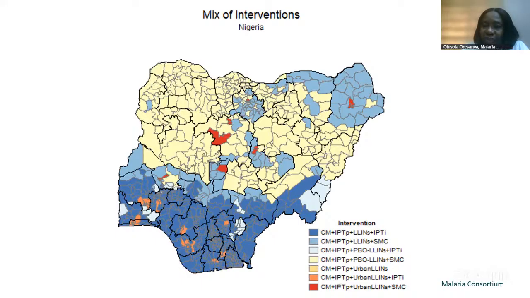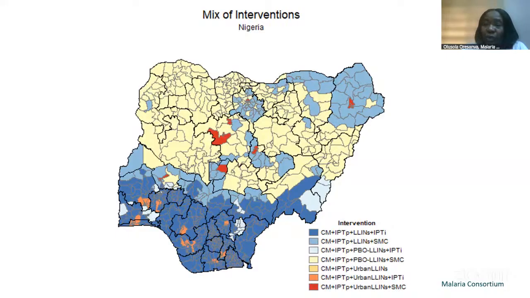Bed net use is also everywhere. However, the mode of delivery of the bed nets is not the same across board, and the type of bed nets distributed in the different areas is also not the same.